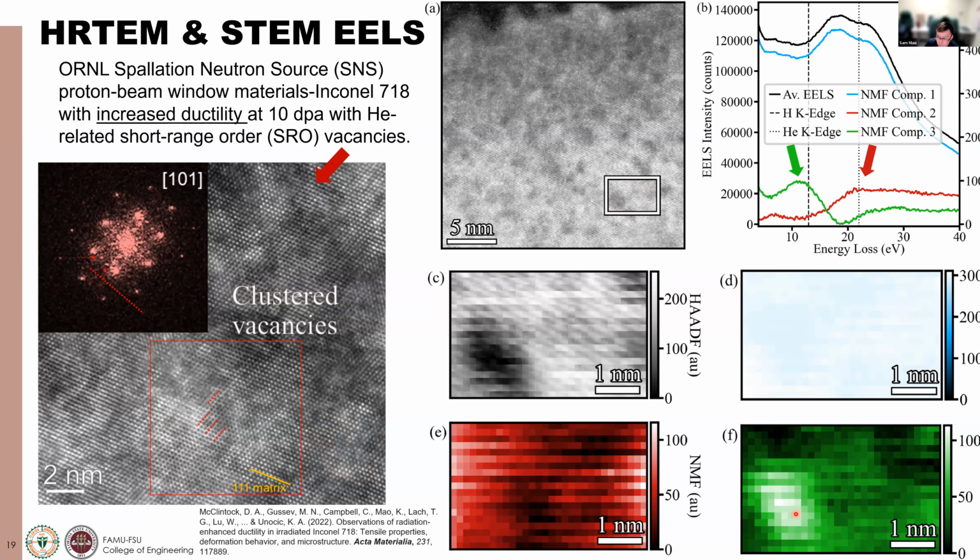Here the green is the helium concentration. There are also some hydrogen peaks once you use different types of methods, like NMF, to filter the spectrum image.